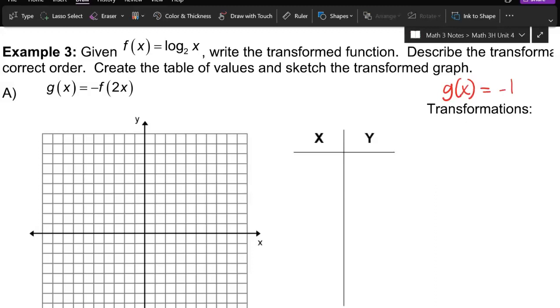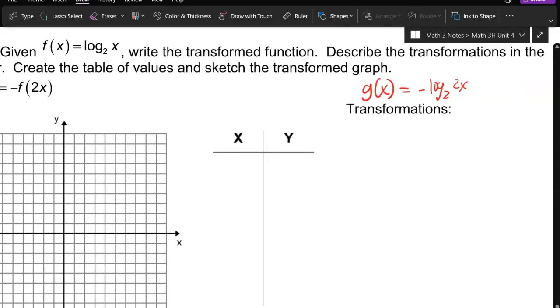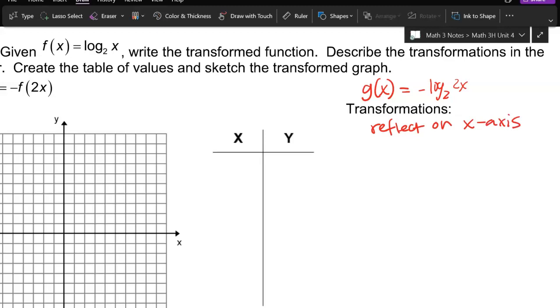So we have a negative log base 2 of 2x. All right, that negative means it's a reflection on the x-axis, because it's on the outside, it's happening to our y values.